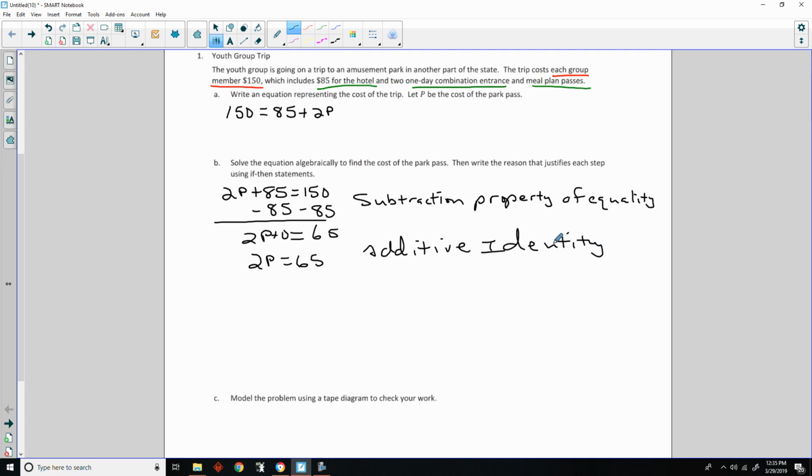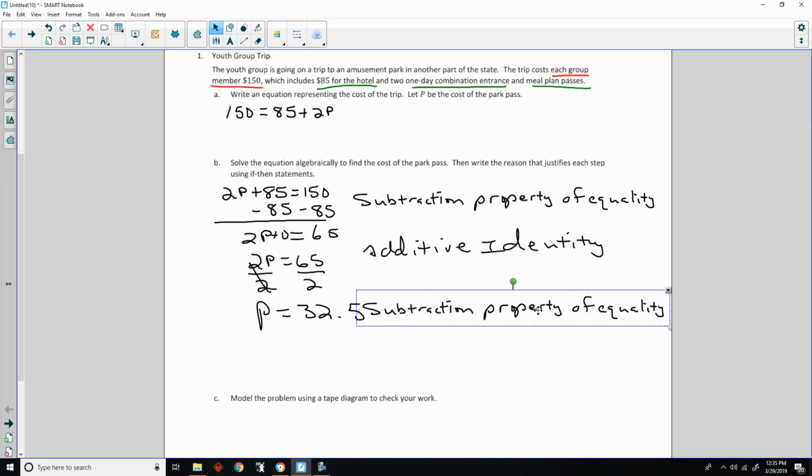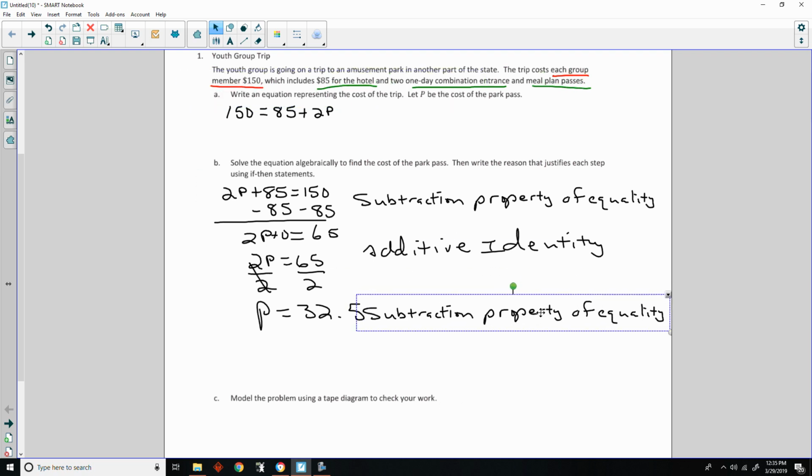Okay, so if 2p equals 65, then if I divide both sides, then I get p equals 32.5. So I'm just going to do this and put this here. Bear with me, I'm just trying to save some writing.